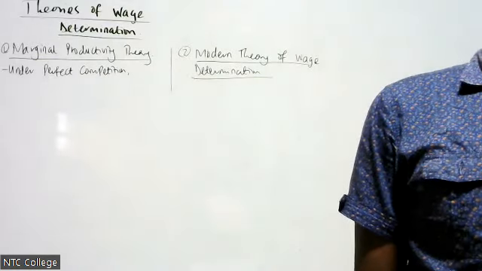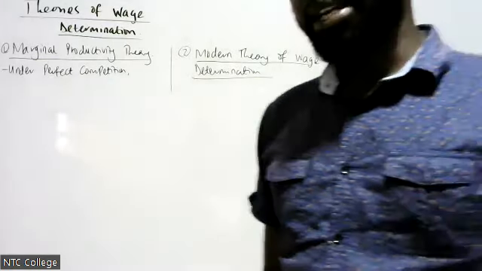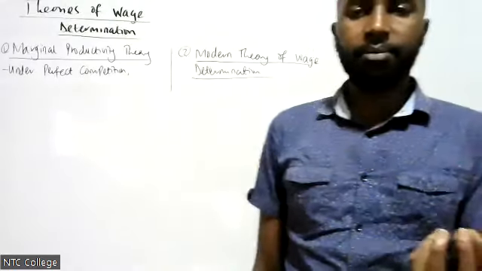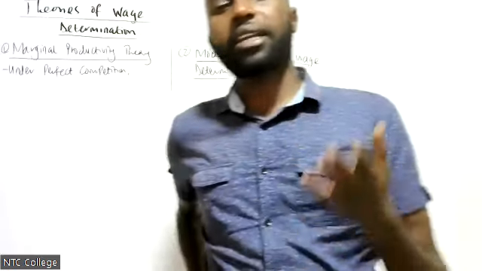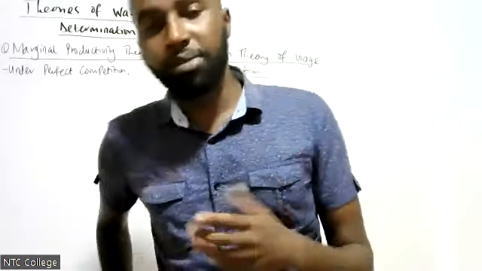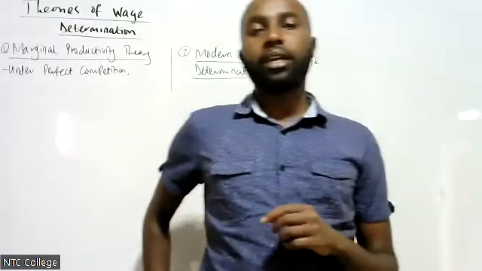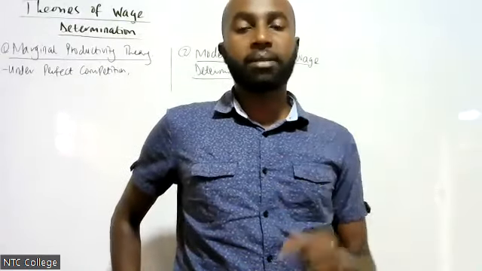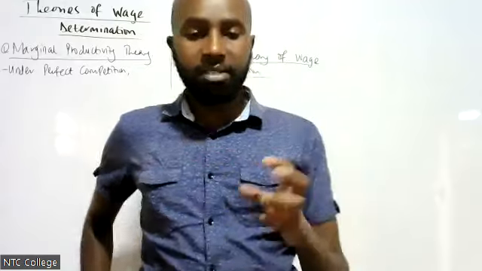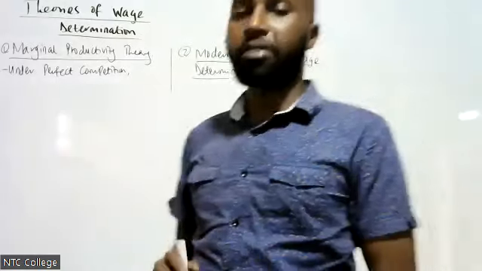If you think about it, if you look at wage as the price of labor, then it also has a supply and a demand. So you can develop an equilibrium through the forces of demand and supply of labor. That is basically what the modern theory of wage determination is.